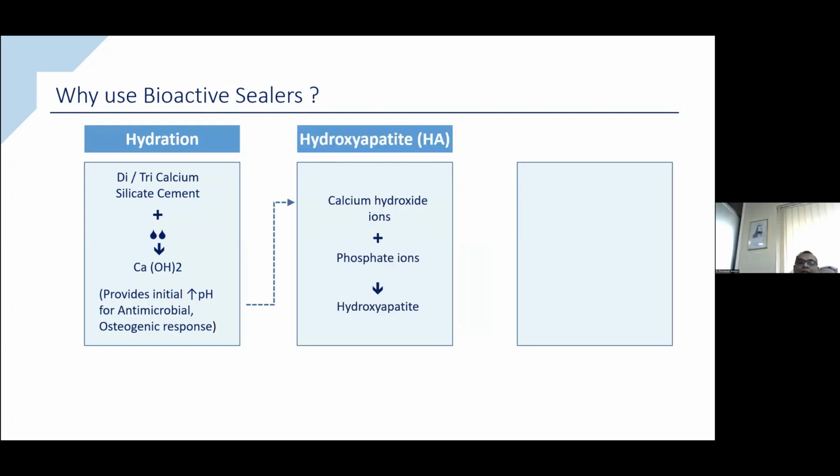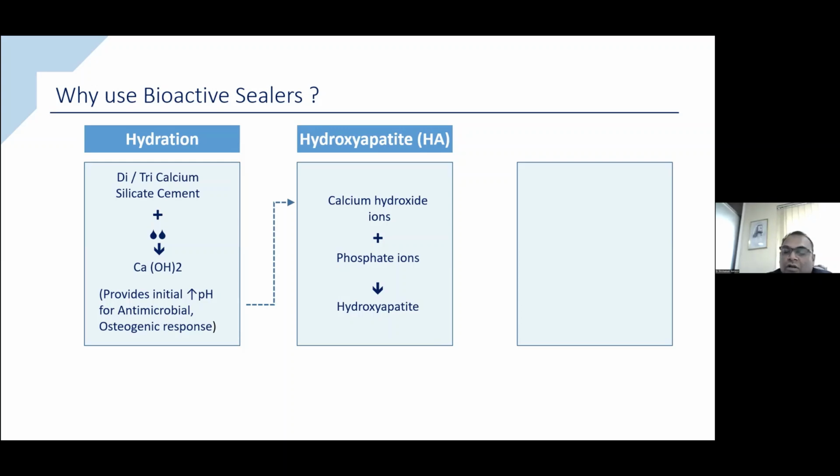These calcium ions, when combined with phosphate ions, which are already present in peritubular dentine, in the dentinal tubules, lead to the formation of hydroxyapatite crystals.